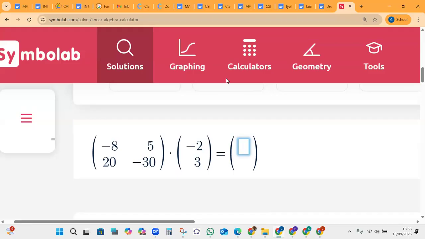Bear in mind, I said 99% because there is a special case where you don't have to add. It's just a 1 by 1 and 1 by 1, and that's it. But in the rest of the cases, you must add, because you have to use all the numbers in the row with all the numbers in the column of the second.